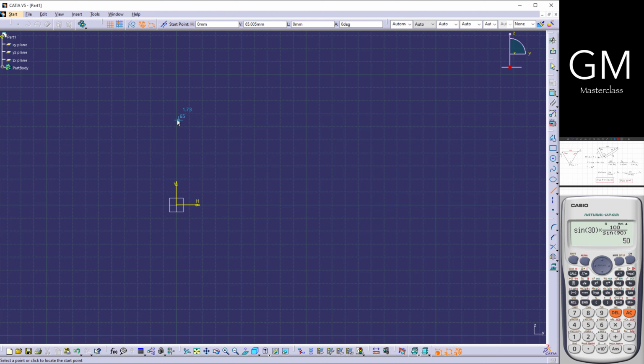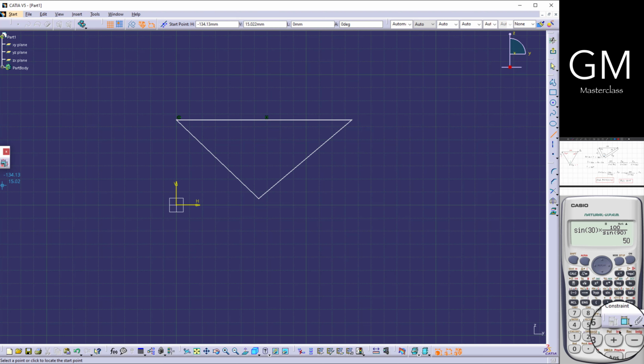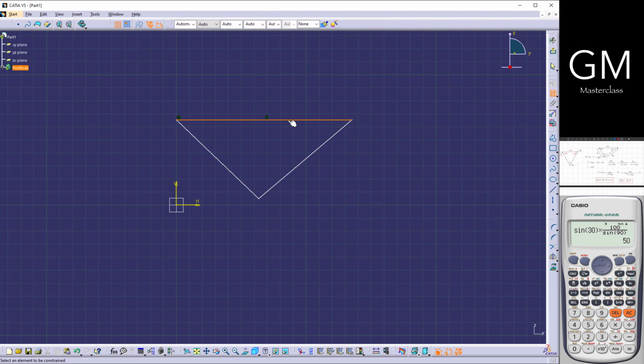Okay, so right here I have FA, right here I have FB, and right here I have FC. I'm going to constrain the values. So right here I have this angle, and this angle.